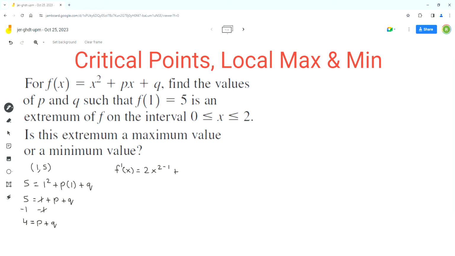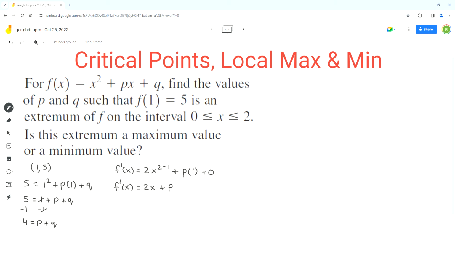And in the second term, p is the coefficient, so p stays as it is, and the derivative of x will be just 1, and q is a constant, so its derivative is equal to 0. Now we can simplify this expression. So f'(x) equals 2x + p. So the exponent of x is 1, but we don't write 1 as an exponent.